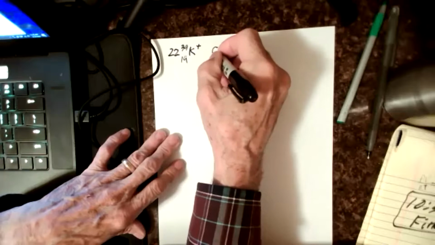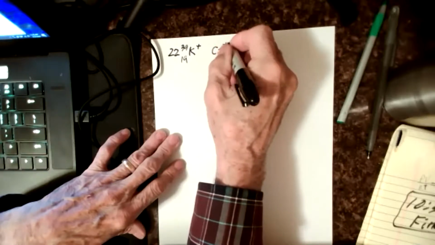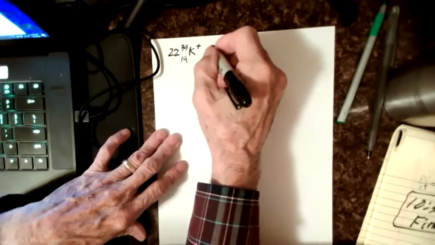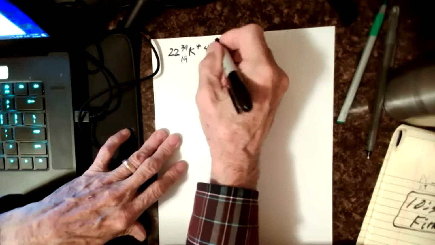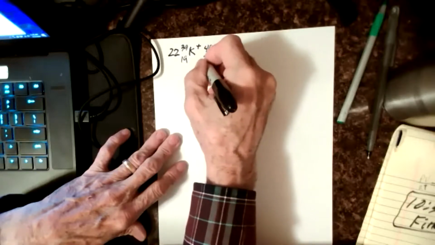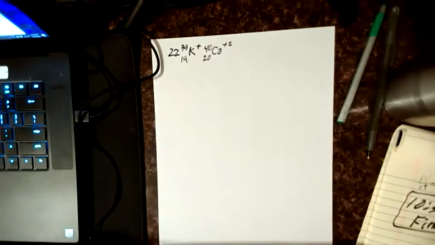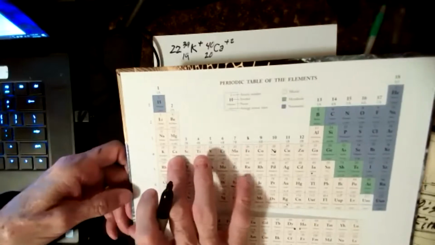We had calcium, it's the +2 ion. It has 40, and it's element number 20. If you looked on the periodic table, potassium is right next to calcium. So calcium's 20, potassium's 19.